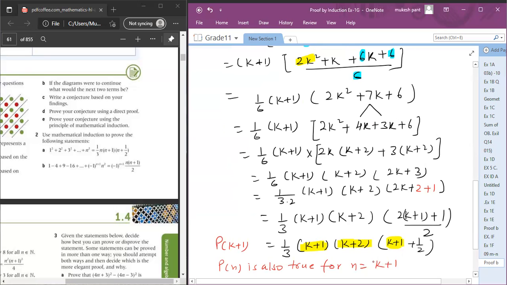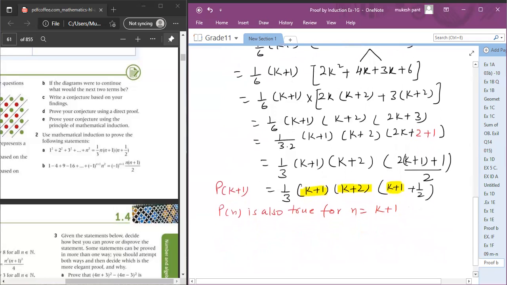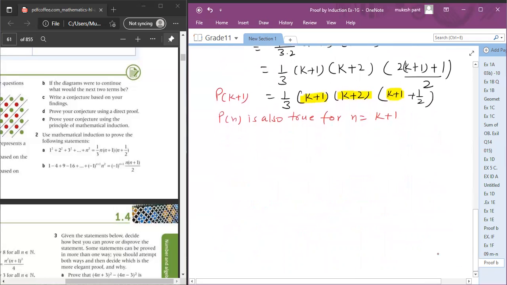And one more thing: in the beginning, you would be able to know what answer you have to bring. I will tell you. Suppose I scroll down. For example, this is a question. Hence prove. The question has been proved. Now, to make you understand, one more thing I want to discuss.